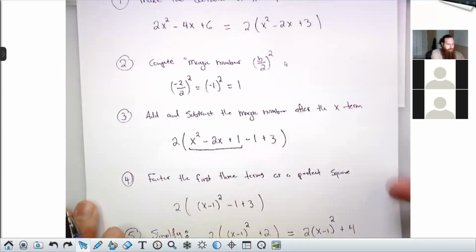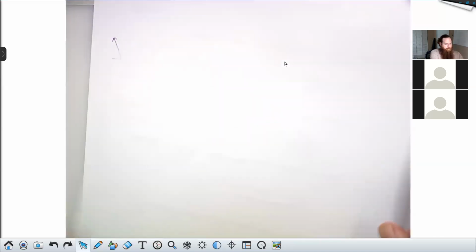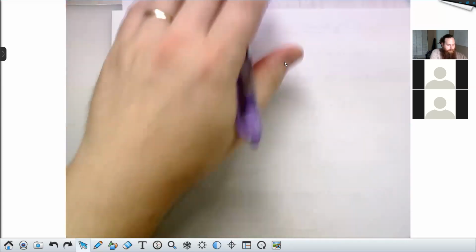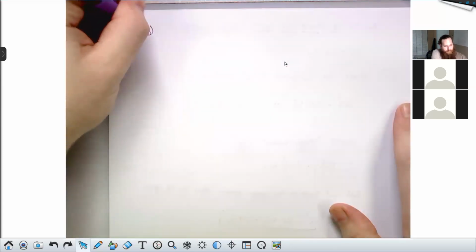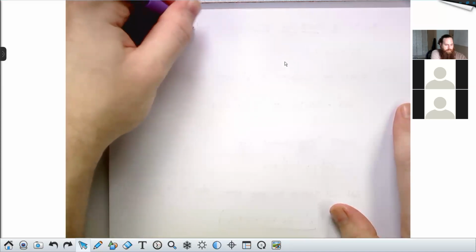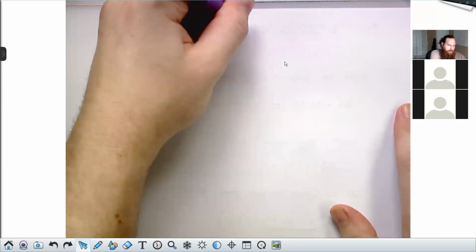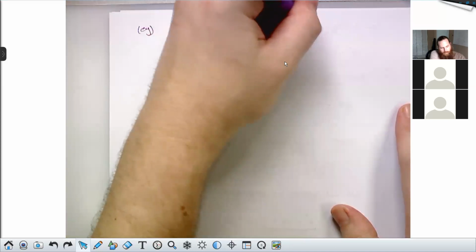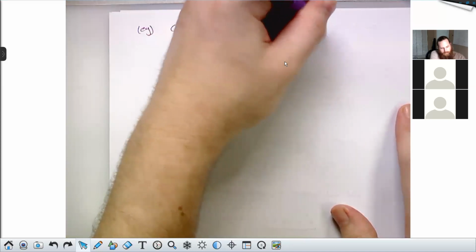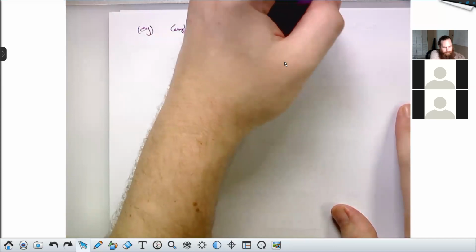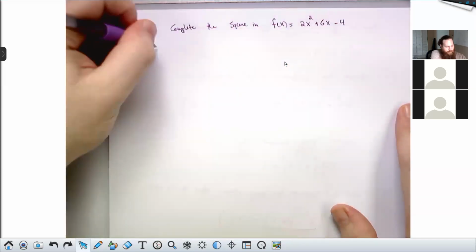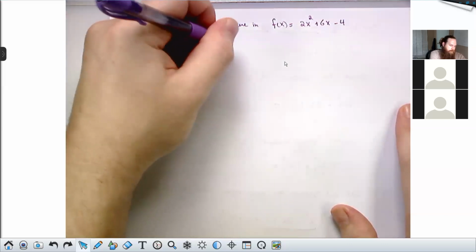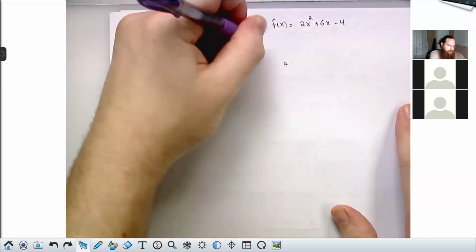All right, let's do another quick example. So we're going to complete the square in f of x equals, how about 2x squared plus 6x minus 4 to write in standard, or vertex form.